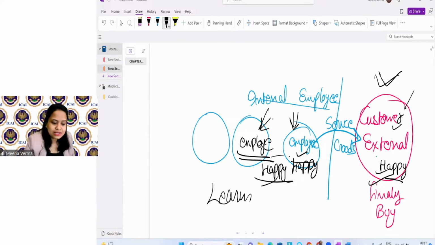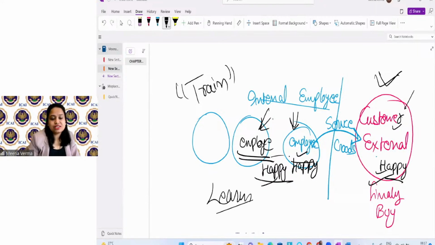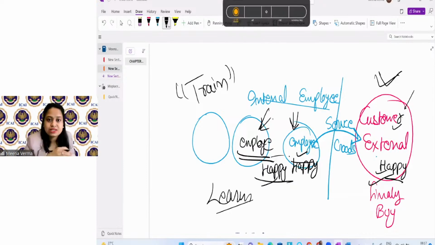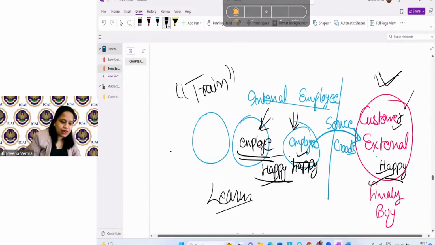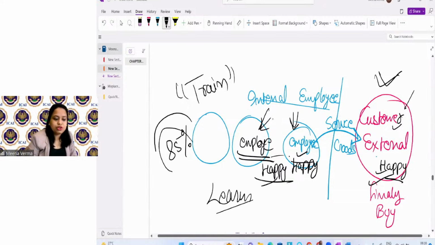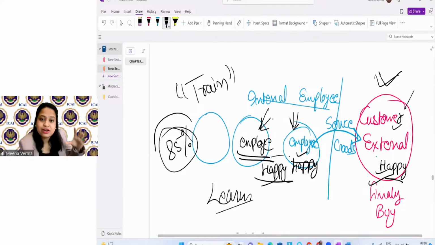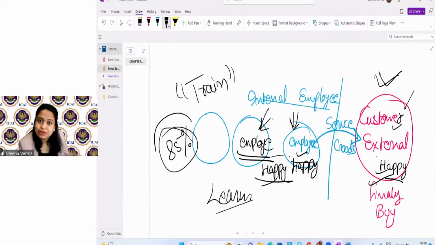So for that reason, we should work on their learning and provide them proper training. Do not scold them if there is some mistake, because it is the company's. We have learned 85% of errors arise because there is a problem in your process, not because of the employee. Most of the errors, defects, mistakes happen because the process is not good.